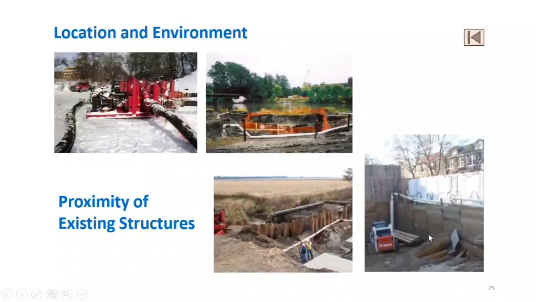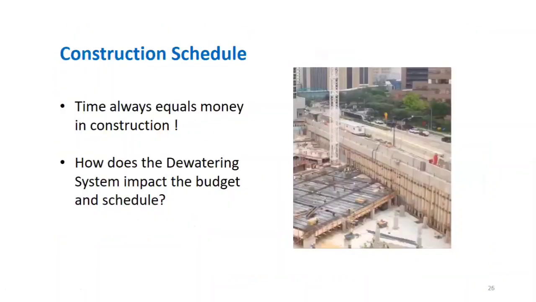But in this case, your rate of pumping, your duration of pumping, the type of pumping method and groundwater removal method you are using, is all going to affect the nearby structures. In this case, you have structures nearby. In the other case, you don't have anything, it's a remote situation. So in both cases, you cannot have the same dewatering systems and methods. So you have to be careful.